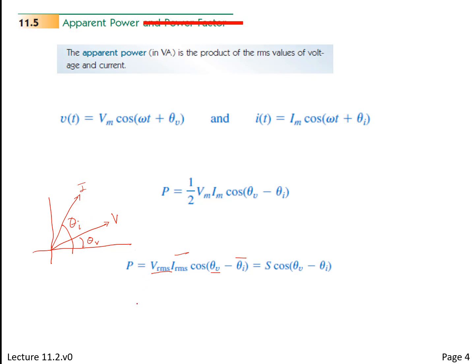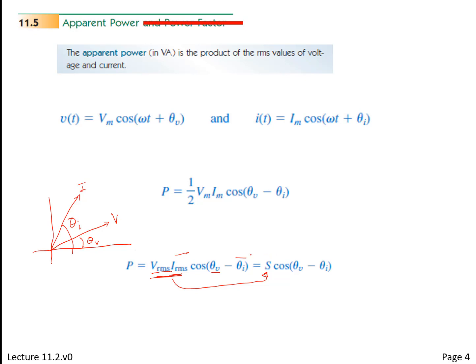What we're saying is the product of the two RMS values is the apparent power. We're just giving a name for the product of the RMS values. At this point, we do not know how much of this is real power and how much is reactive power.